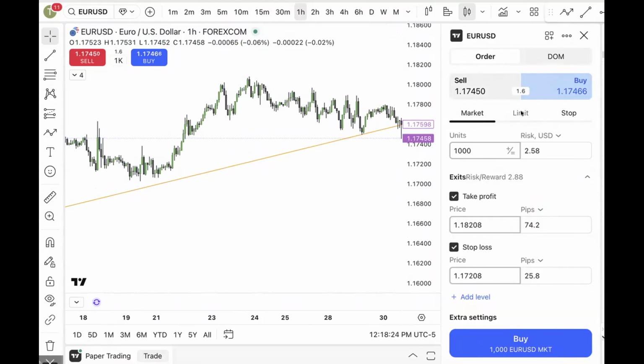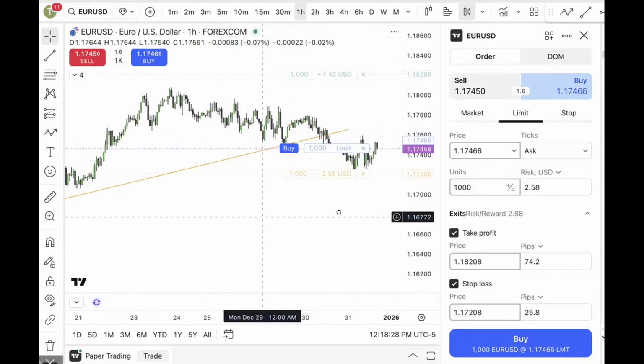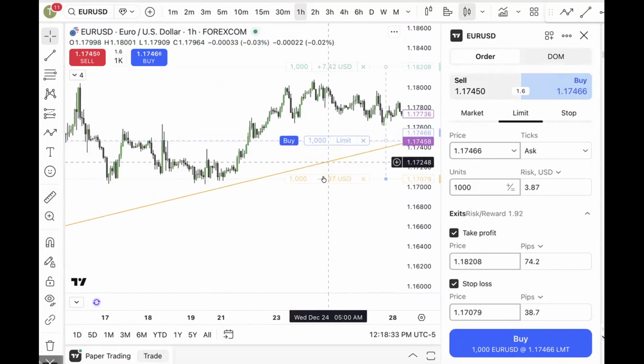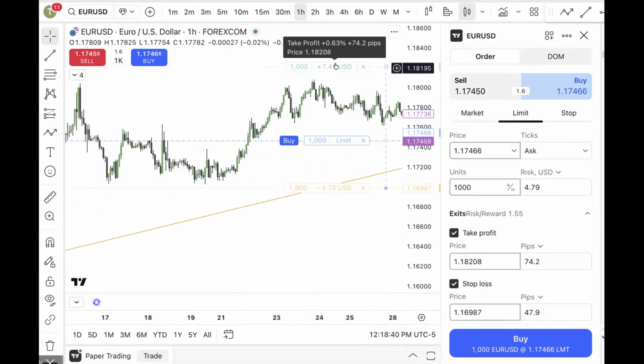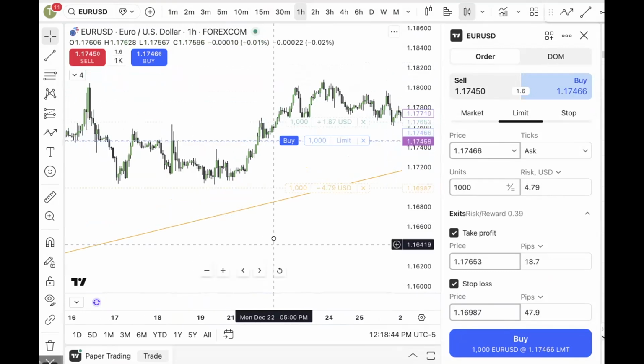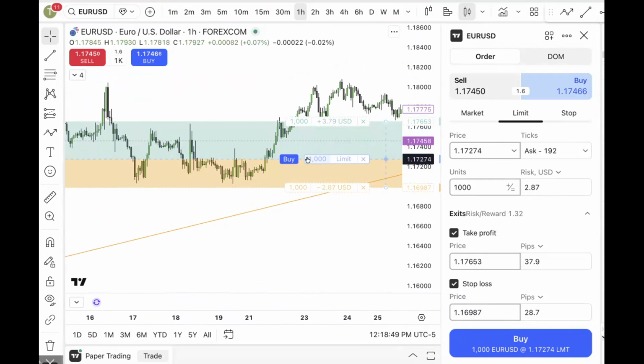And if you would like to see what your take profit and your stop loss would look like, you can click limit. And we just decided a few moments ago that our stop loss would be under these lows, and that our take profit would be here where this wick was, and that we would buy like right in here.